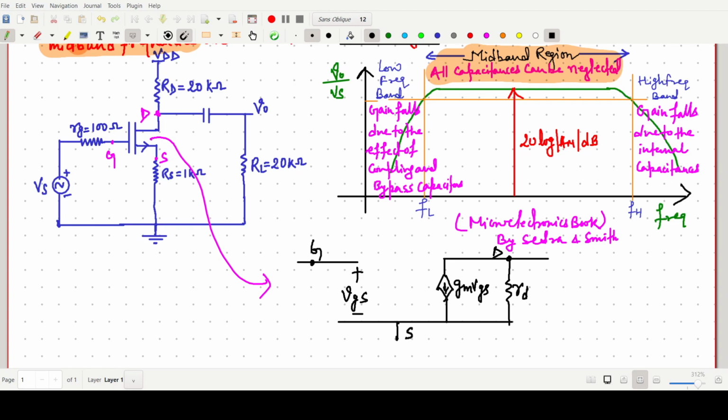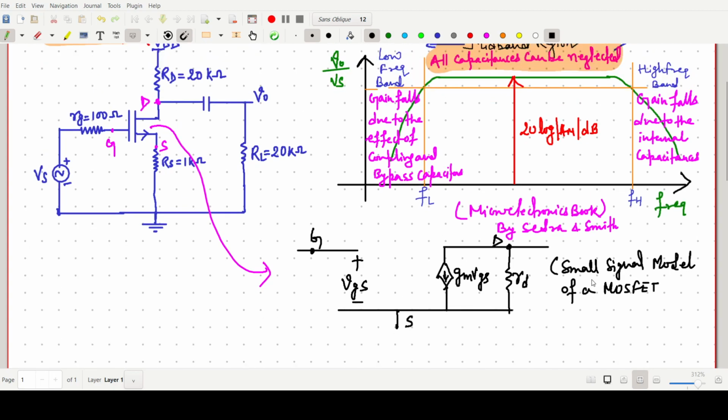So this is the small signal model of a MOSFET.